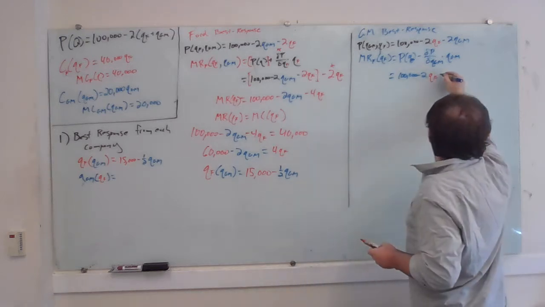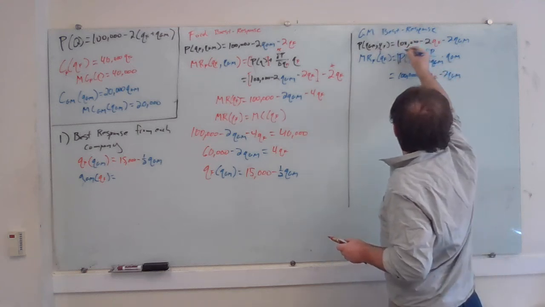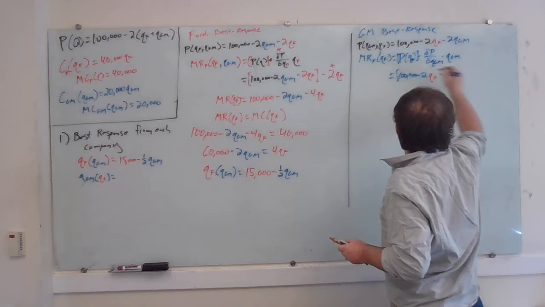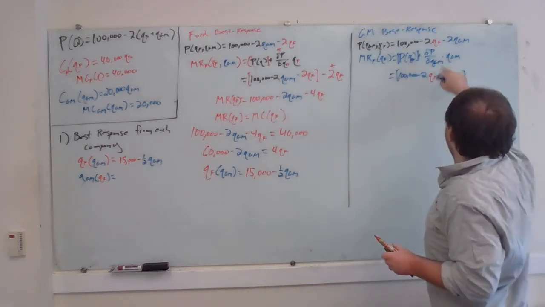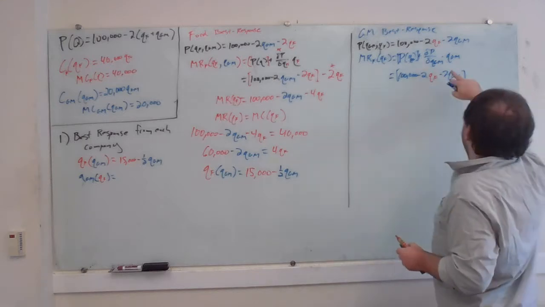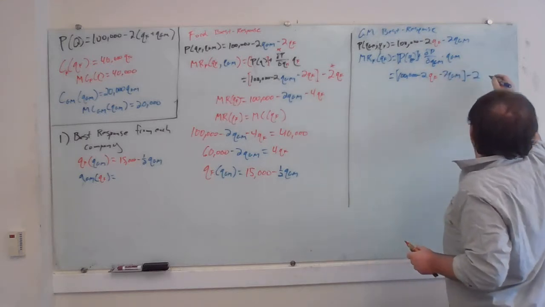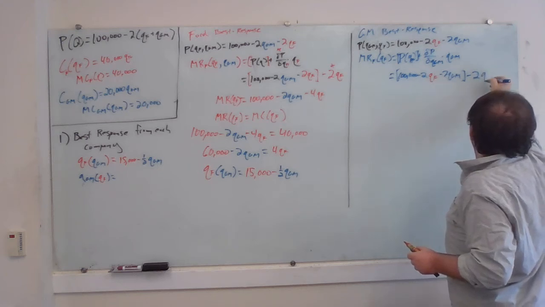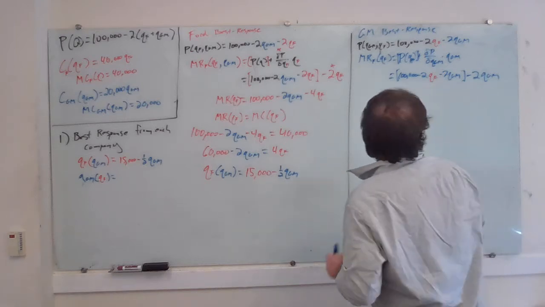This is all P of Q. Plus dP dQ, which is going to be negative 2 times QGM. Wonderful. Okay.